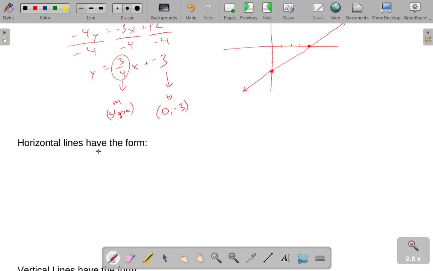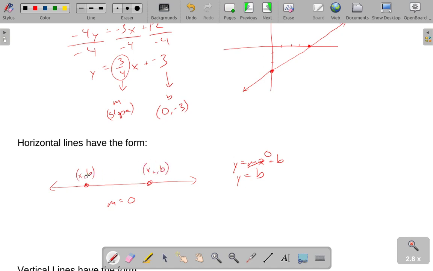When we're talking about horizontal lines, we know the slope is equal to 0. We just saw that before. And if the slope is equal to 0, in y equals mx plus b, this part's always 0. So a horizontal line would always have the form y equals something. Let's think about how that makes sense. Call these 2 points x1, comma b, and x2, comma b.